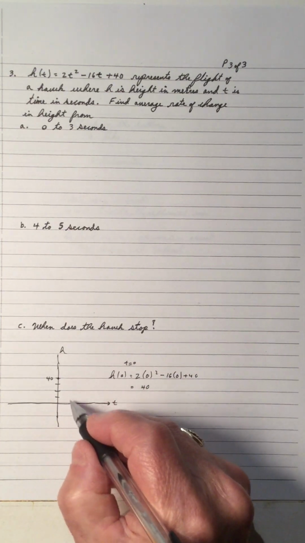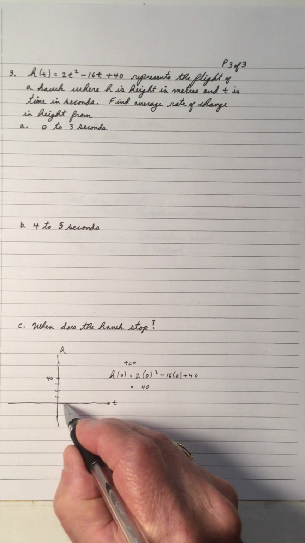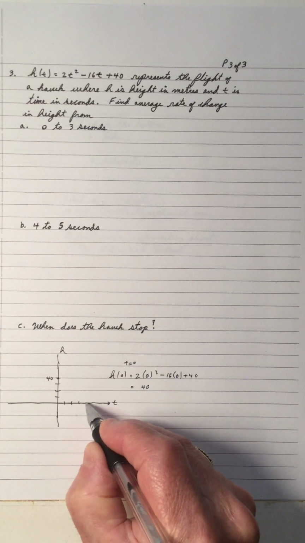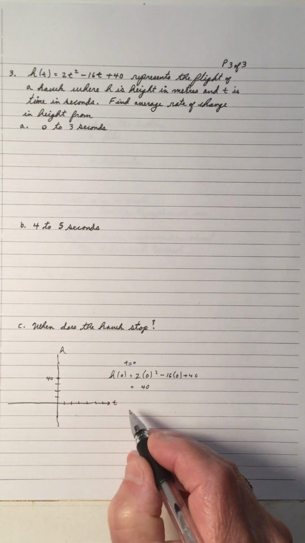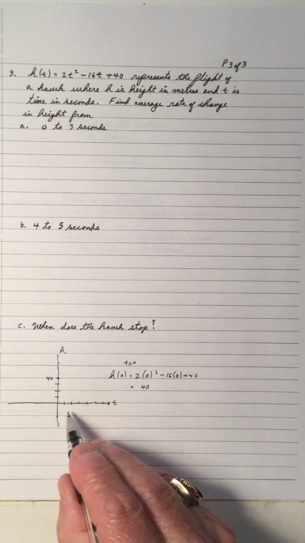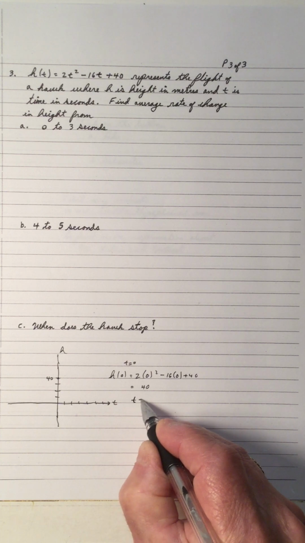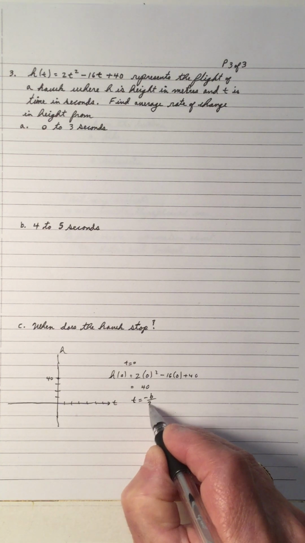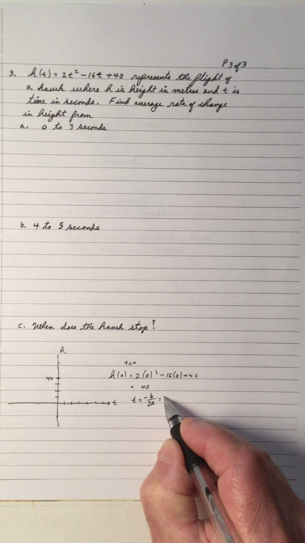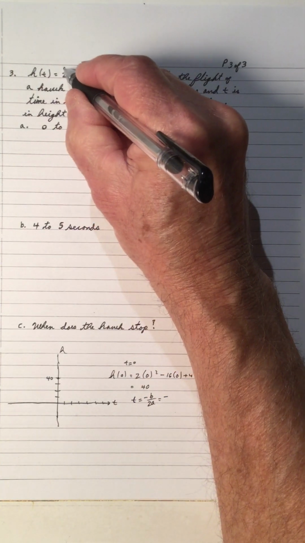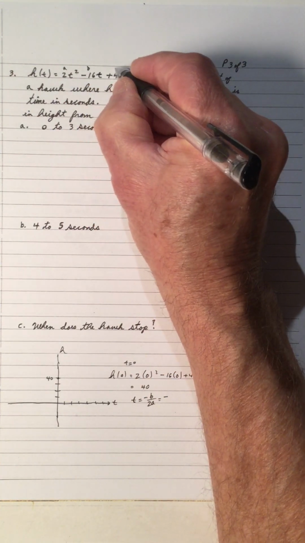So let's find how far it comes down. We could go 1, 2, 3, 4, 5, etc. But if we find the vertex, the time of the vertex is negative b over 2a. That's a, that's b, and that's c.